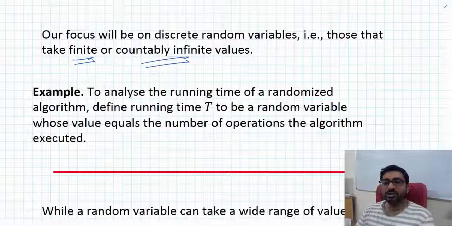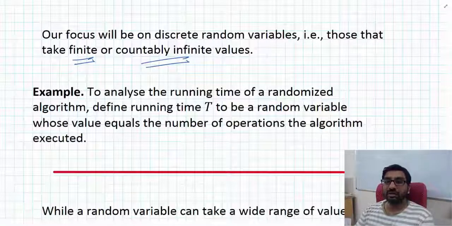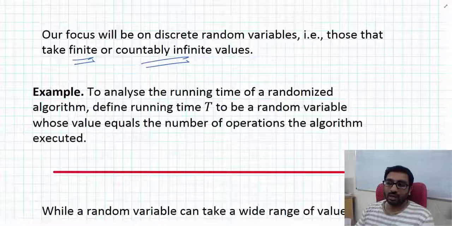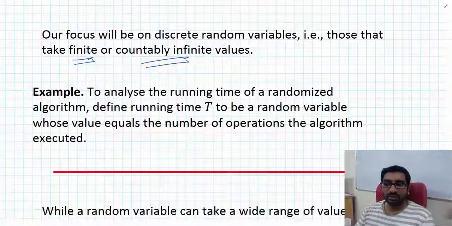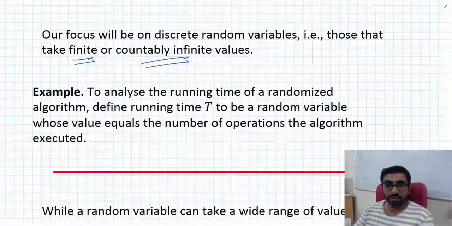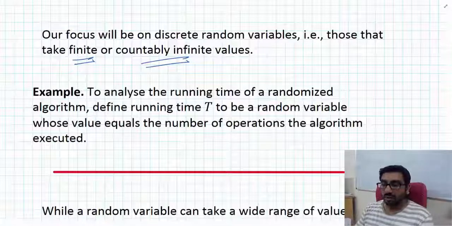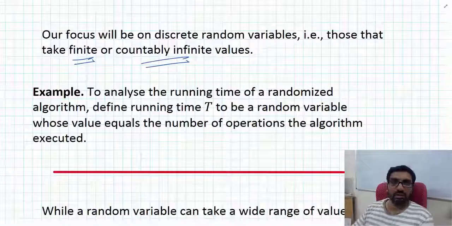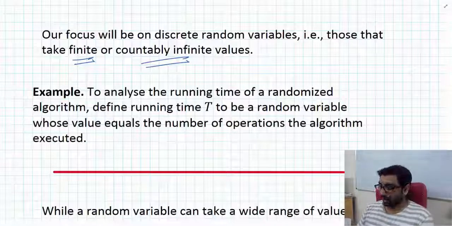As an example, consider the context of analyzing a randomized algorithm, and we're interested in bounding the running time of this algorithm. And the running time of this algorithm depends on the execution of the algorithm. For the same input, because there are random choices made by the algorithm, it could execute in different ways, in different attempts.